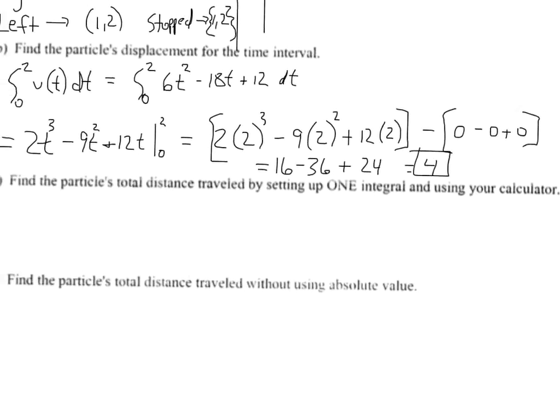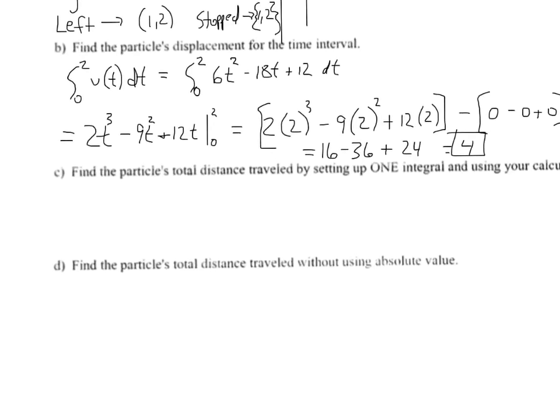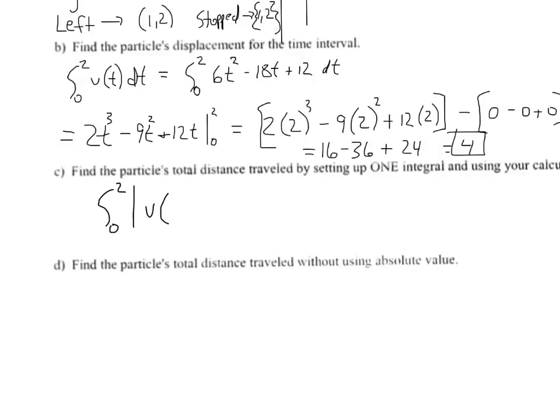Okay, part C is something that requires you to use your calculator. So I will show you that in class tomorrow, but the basic idea is to find the total distance. Okay, I want to use absolute value, and we'll talk about what that means tomorrow a little bit, but the general formula, we're going to integrate from 0 to 2 the absolute value of the velocity function, and that would equal 6.